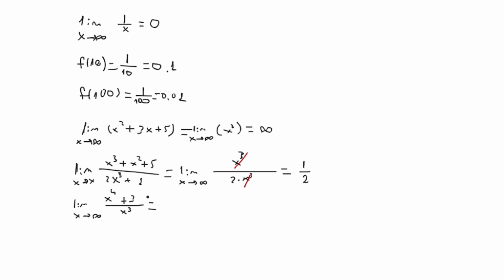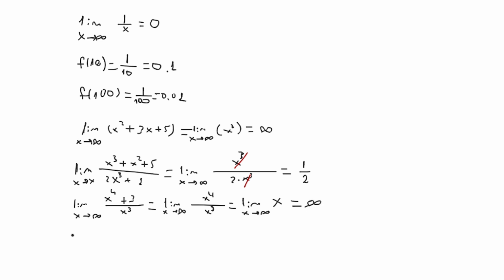As I said, the highest power of x dominates, so we are only left with x to the power 4 in the numerator and x to the power 3 in the denominator. So here we can cancel x to the power 3 and we are left with only x, so we get the limit as x approaches infinity of x, and this is infinity itself.